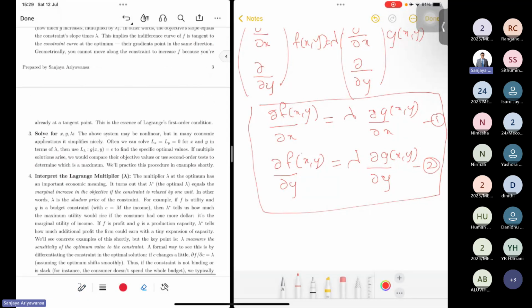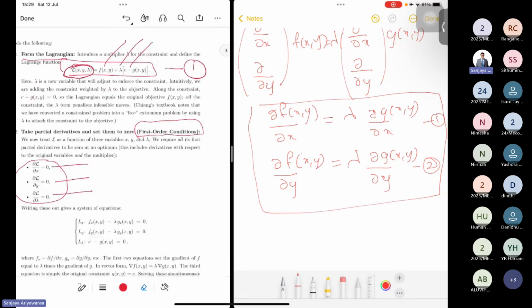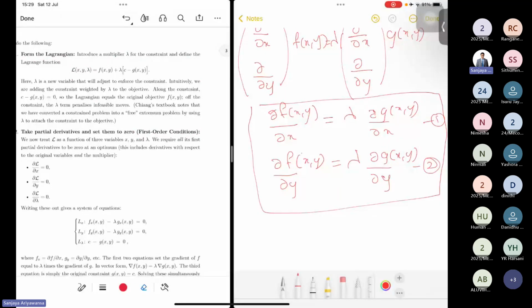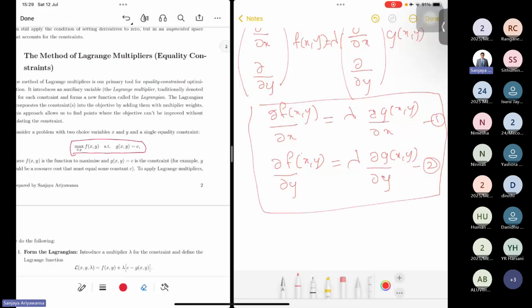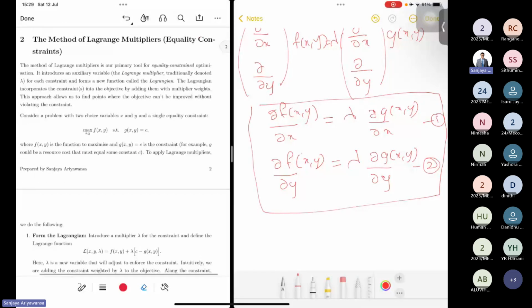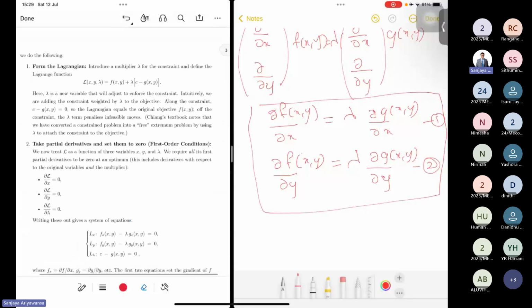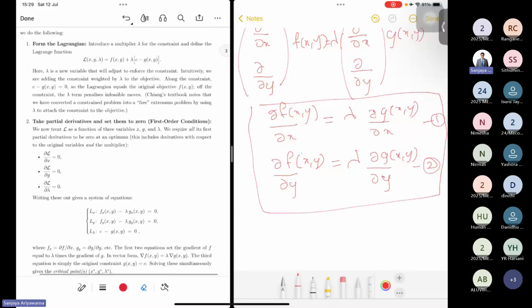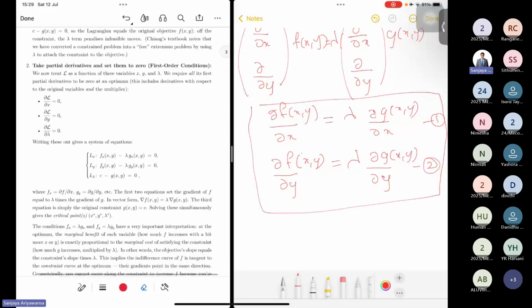Let me first take away all these drawings. So what we are talking about over here is the method of Lagrangian multiplier, where we have a constrained optimization problem of the form you have an objective function subject to a budget constraint. Then you use this Lagrangian method, you form the Lagrangian equation, and then you take the partial derivatives and you consider the first order conditions.